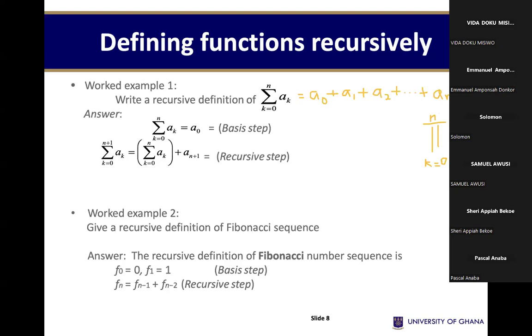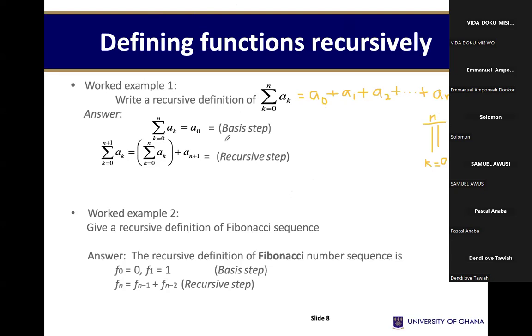This means that I'm finding the product of the AKs. It's going to be A0 first. Okay, so that's it about the product.